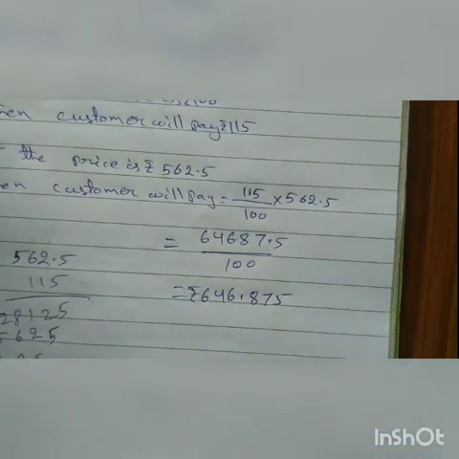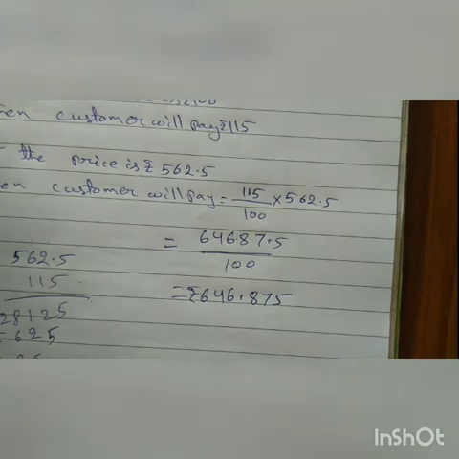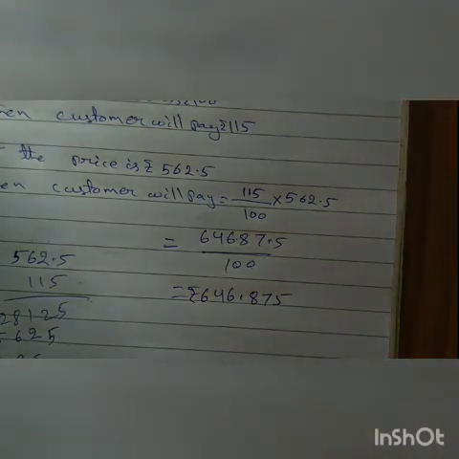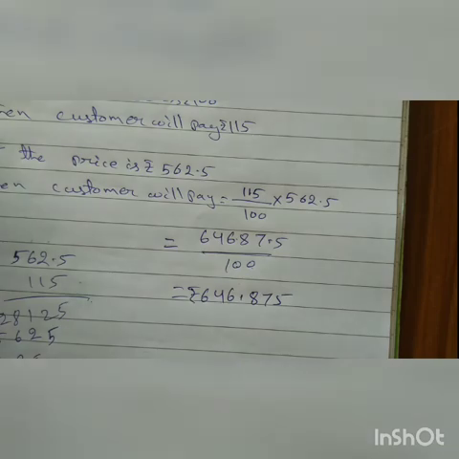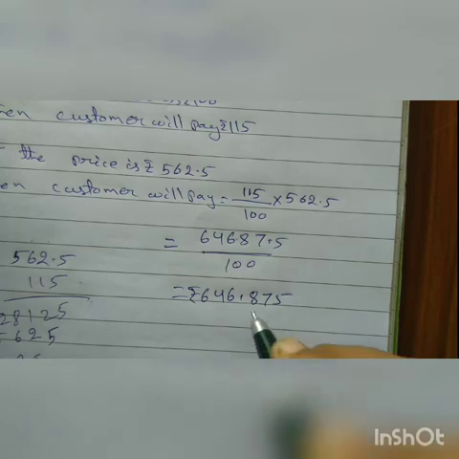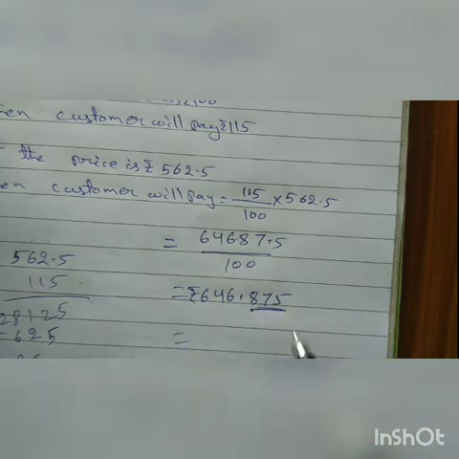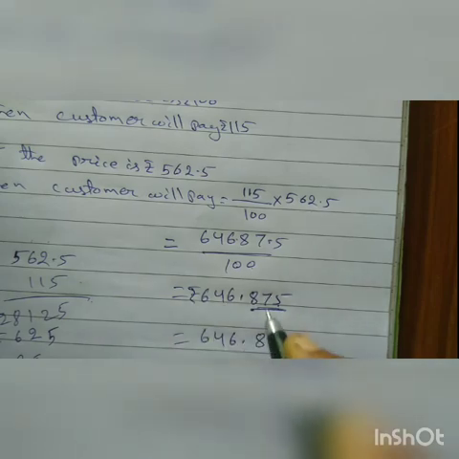So the customer will pay 646.87. As paise are always in 2 digits, I can round this up, as the next digit is 5, and write 646.88. 7 will be rounded up as here it is 5.